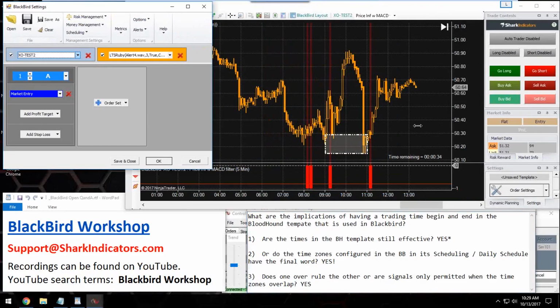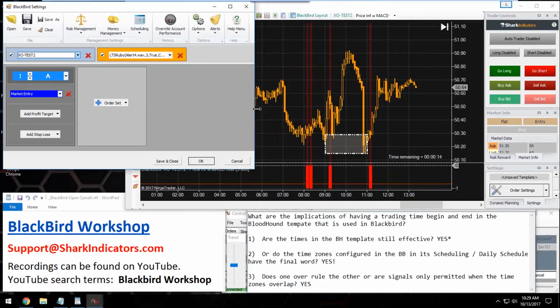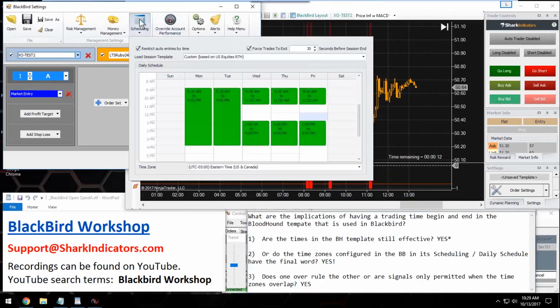To summarize Bob's comment, Bloodhound makes the first decision, saying here's a trade signal to Blackbird, and then Blackbird has the final say. Blackbird says, let me check my appointment book and see if I'm allowed to trade that signal.